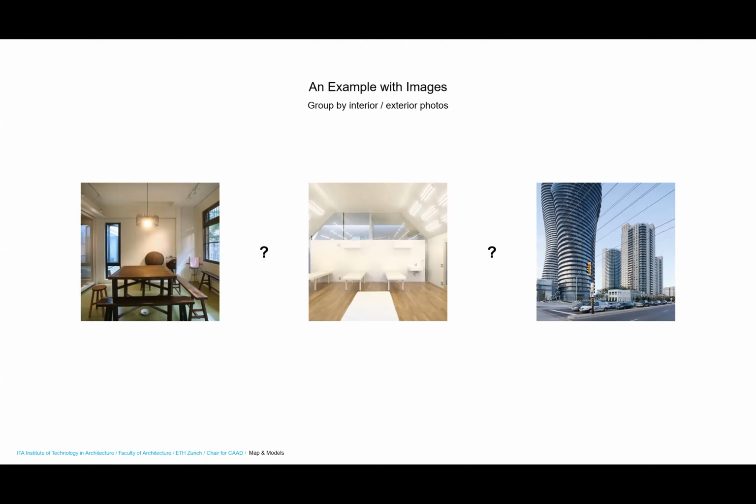I have these three images. Conceptually, the left two images should be closer to each other because, although they represent different places, they are both interior spaces, and the one on the right represents an exterior space. Therefore, in this experiment, the one on the right belongs to another group.